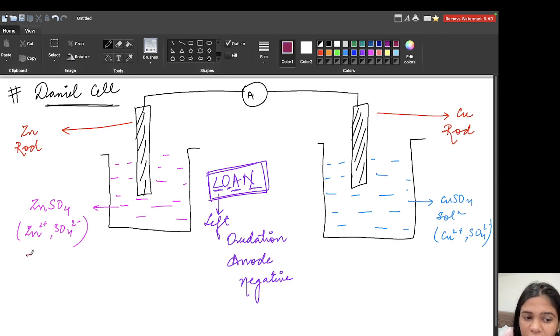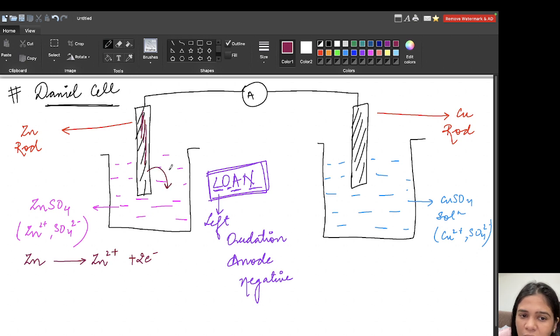So zinc is undergoing oxidation. Now if you remember, in the previous experiment I told you oxidation means loss of electrons. So zinc undergoes loss of electrons to give you Zn2+ plus 2 electrons, right? So this is my zinc rod. What is happening to my zinc rod?